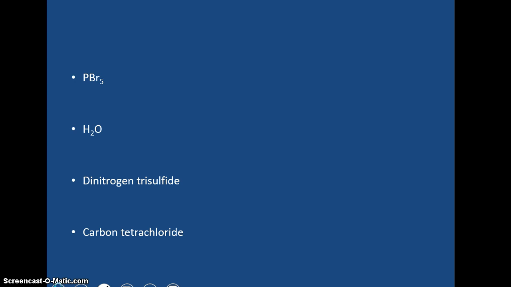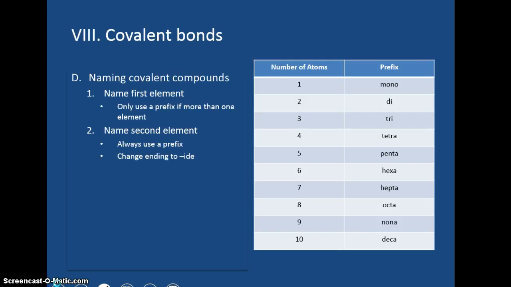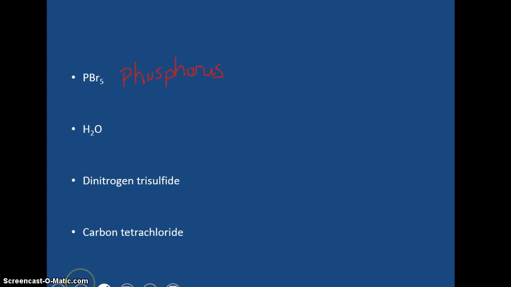So P was phosphorus, and Br was bromine, but you need to change the ending to "ide", so that'll be bromide. And you always have to have a prefix on the second one. So the subscript is 5. So looking at your chart, 5 is penta. So it'll be penta bromide.